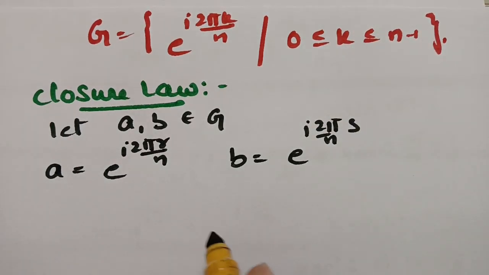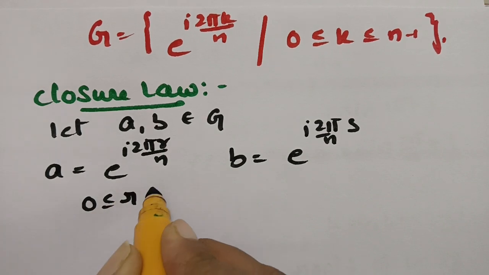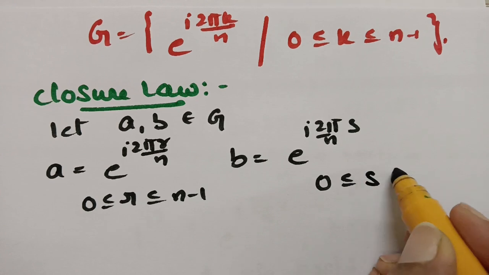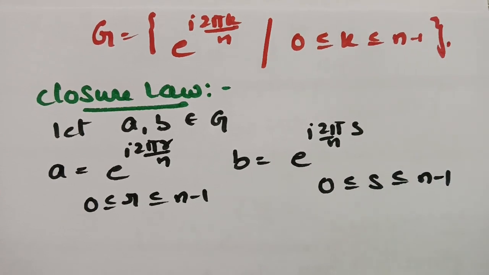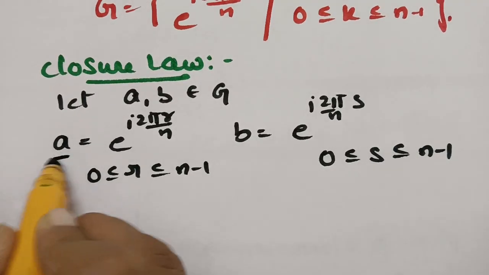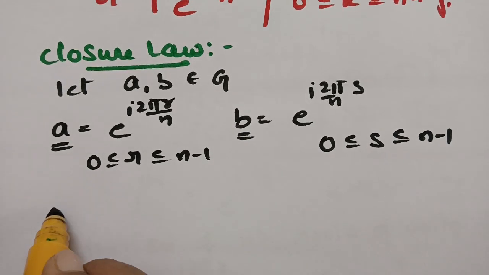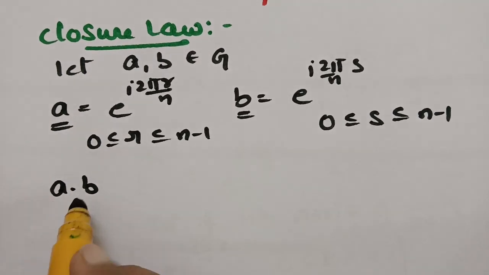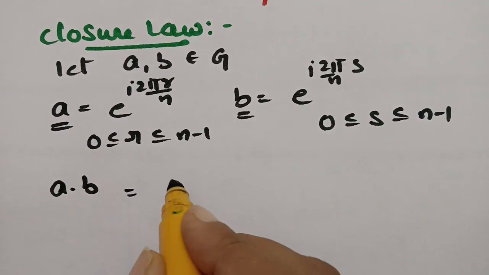Here in both the cases, 0 less than or equal to r less than or equal to n minus 1, and also 0 less than or equal to s less than or equal to n minus 1. And now we have to multiply these two. According to the closure property, if a belongs to G, b belongs to G, then this multiplication also should belong to G.